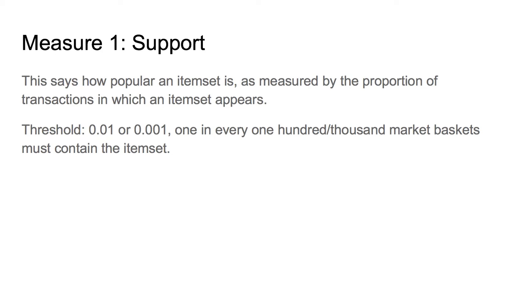We usually set up the threshold like 0.01 or 0.001. That means 1 in every 100 or 1000 market baskets must contain that item set. If the item set is lower than the threshold, we may not consider it in our analysis. In this case, we can reduce the number of transactions we are looking at.